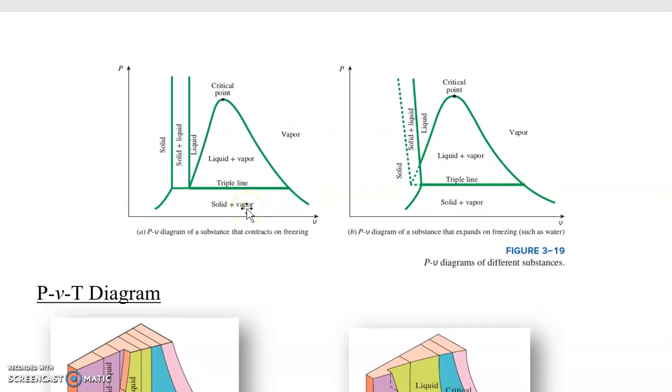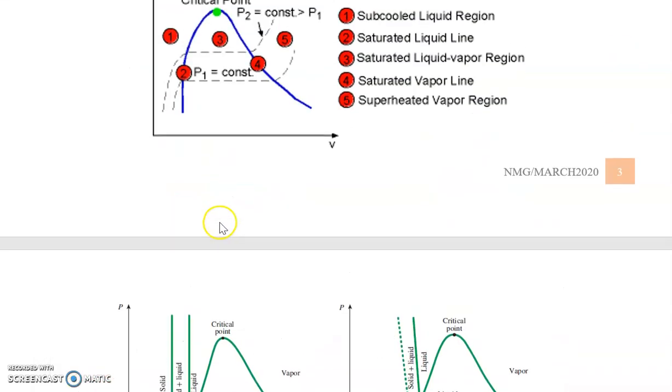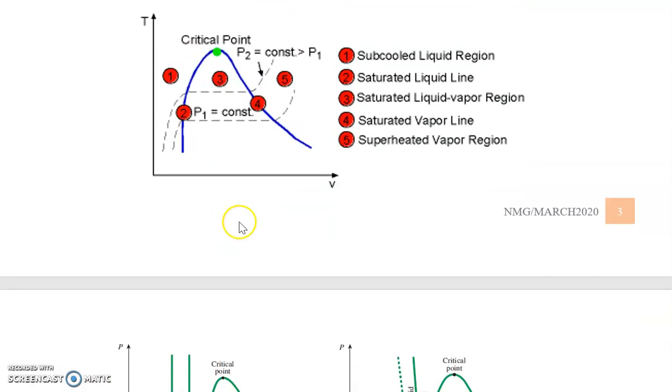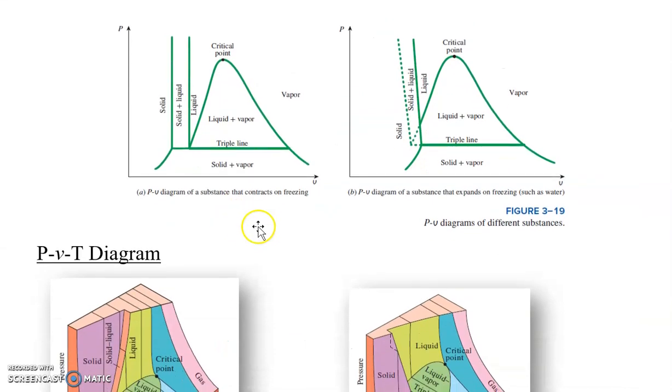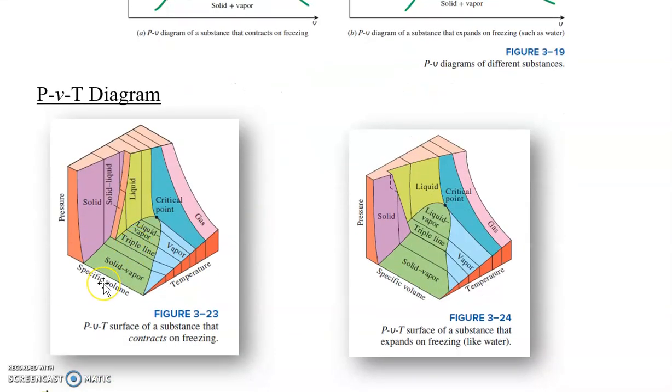Even though solid is not in our working fluid in thermodynamics analysis, just to have a look at where the solid-liquid line and the solid-vapor line lie. You can see here for water, and for most other substances, that contract on freezing. Actually, your PV, your TV, and your PT diagrams were extracted from the three-dimensional PVT diagram.